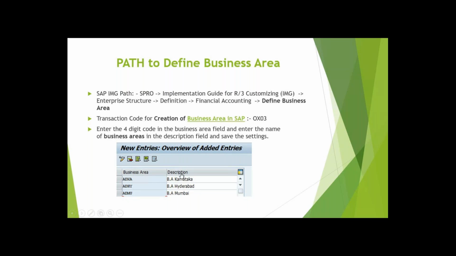After assigning that to the head office, I'll create the different business areas. Now, I want to know the financial statements of Karnataka. If I do everything together, is it possible for you to bifurcate it? It is possible, but difficult. It takes time, consumes time.